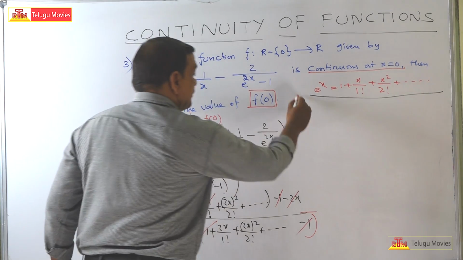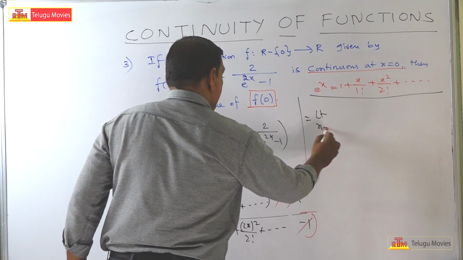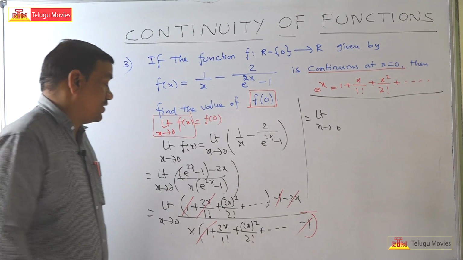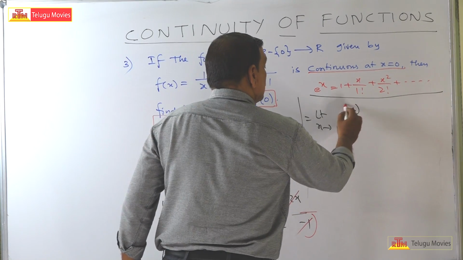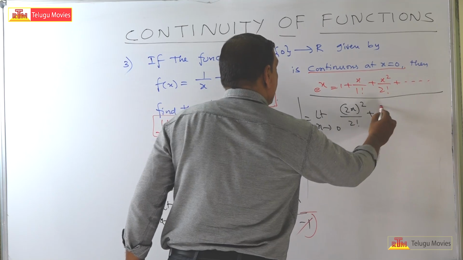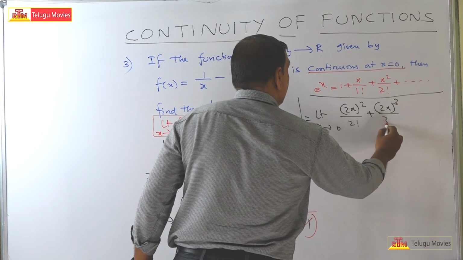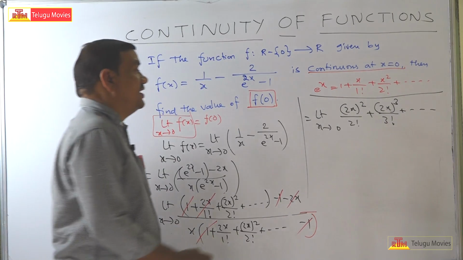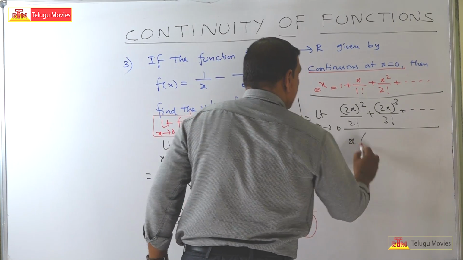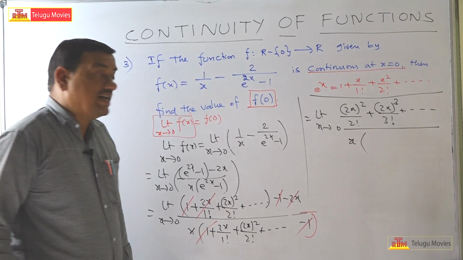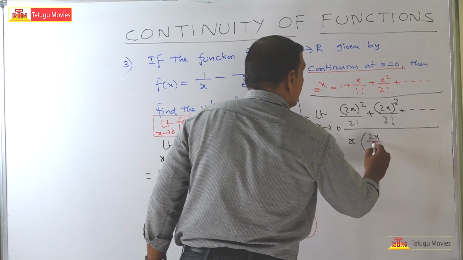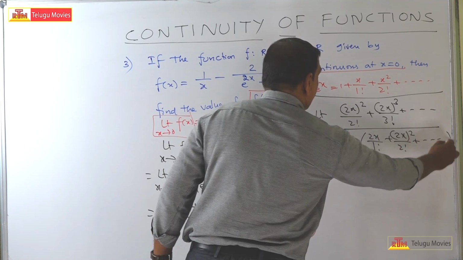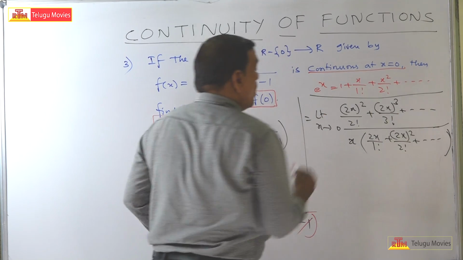What are the ultimate remaining terms? Limit x tends to 0, in the numerator: 2x whole square by 2 factorial plus 2x whole cube by 3 factorial plus so on. In the denominator: x into 2x by 1 factorial plus 2x whole square by 2 factorial plus so on to infinity. Then how to do this problem?